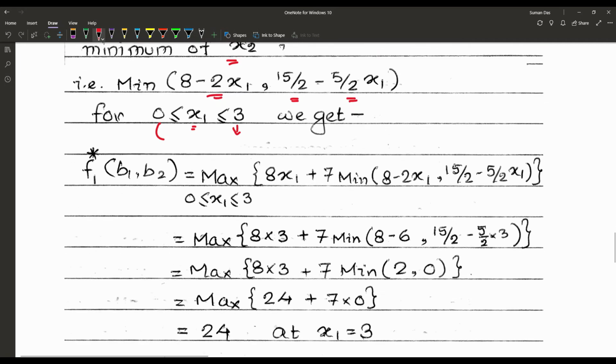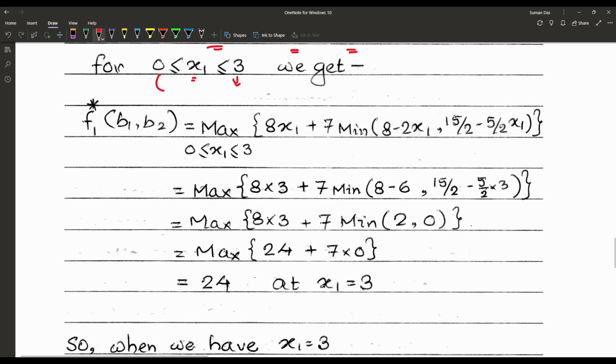So we get f1 star of b1 comma b2 is equal to the maximum over x1 from 0 to 3 of 8x1 plus 7 into the minimum of 8 minus 2x1 comma 15 by 2 minus 5 by 2 of x1.